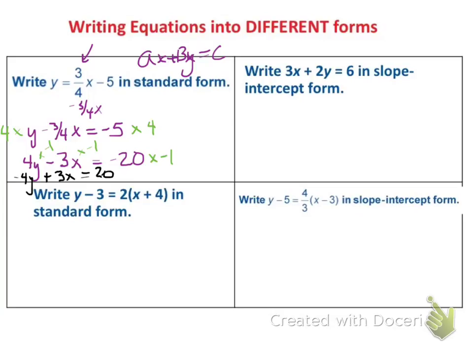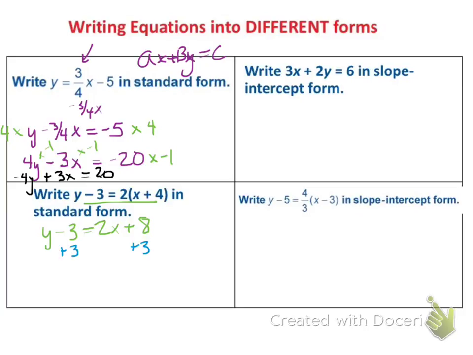All right, let's write from point slope form into standard form. So I'm going to distribute the 2, and I want all of the x's and y's on one side and all of the numbers on the other side. So I'm going to add 3 to both sides.